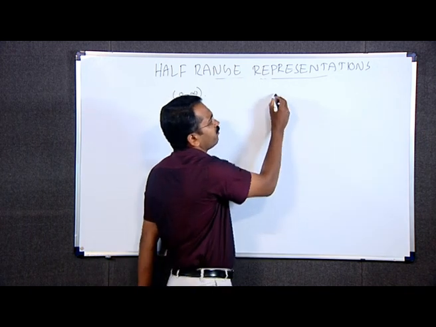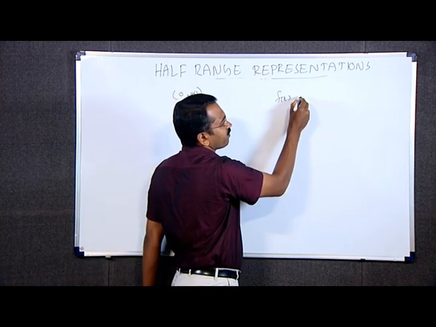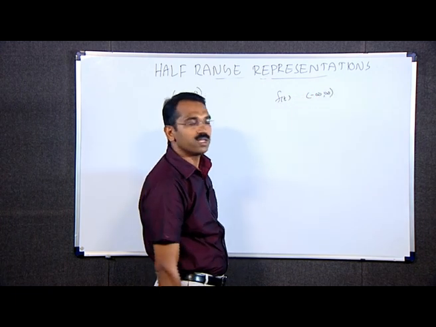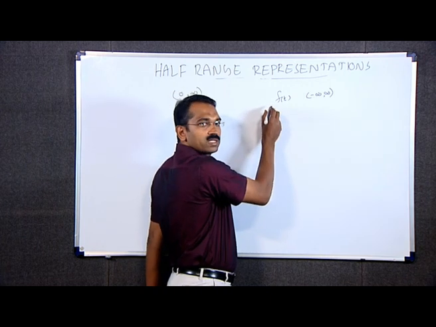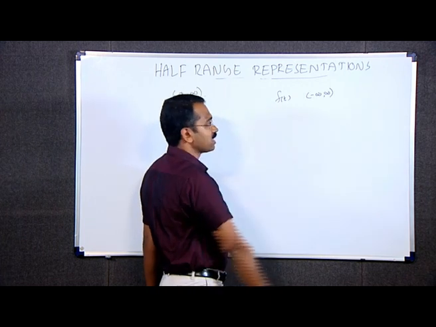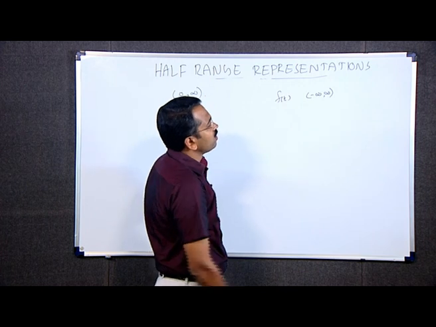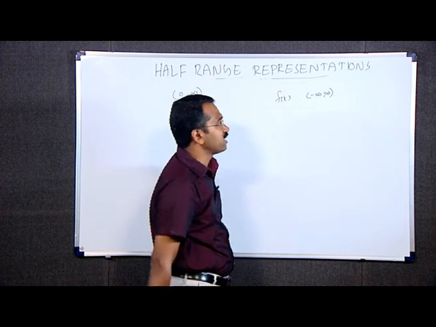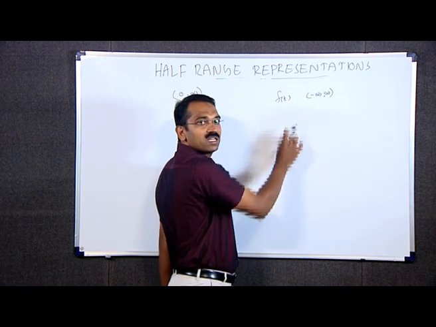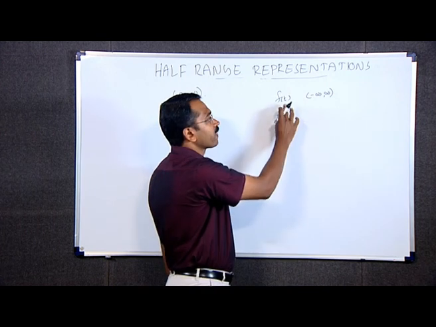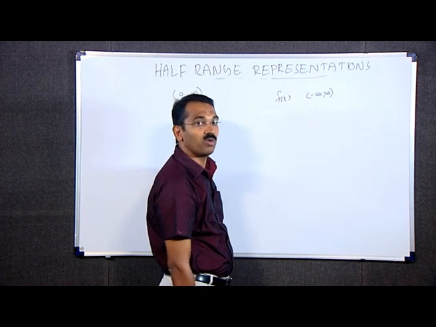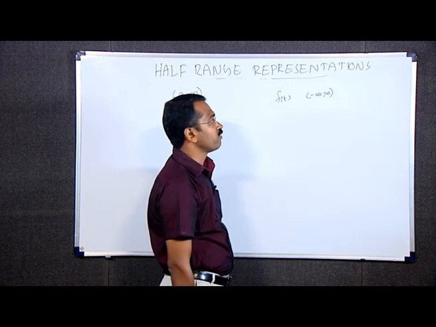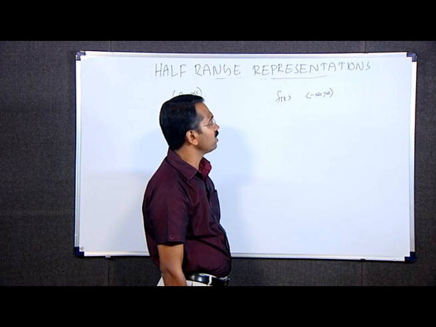Note that if f of t is defined in the interval minus infinity and infinity, then there exists a unique Fourier integral representation. If f of t is even, then the unique representation will become a cosine integral representation, and if f of t is an odd function, then the unique integral representation will become the Fourier sine integral representation.